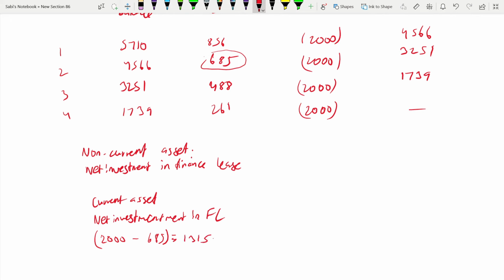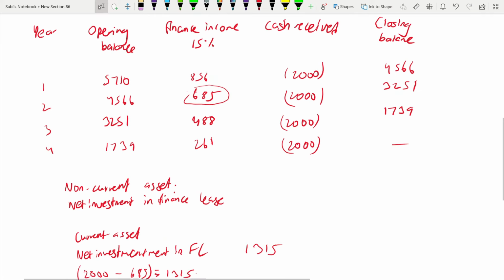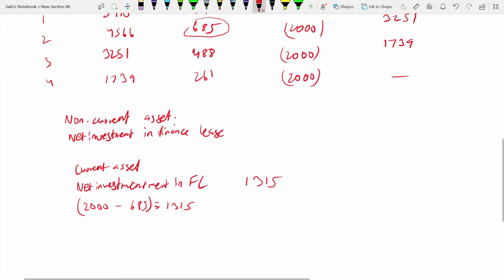This is your current asset. 1315. Non-current asset is the balance, remainder. So what is here? You see, closing balance is 4566. From here, take out the current asset, that is 1315, which is 3251.